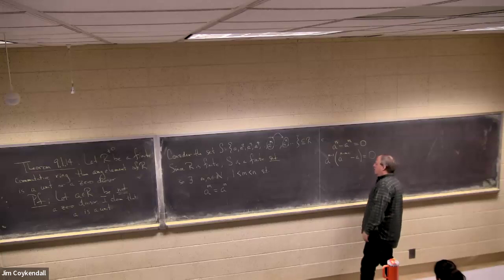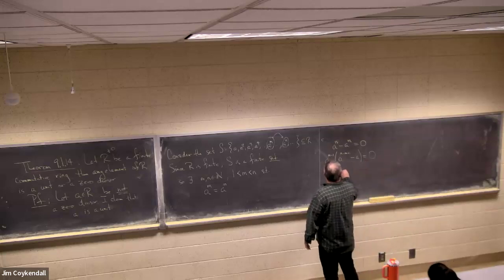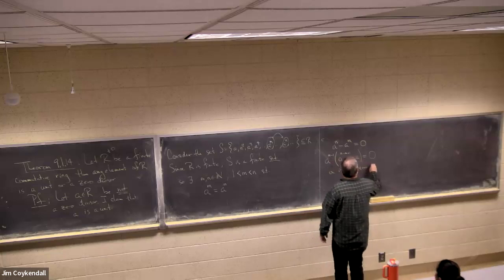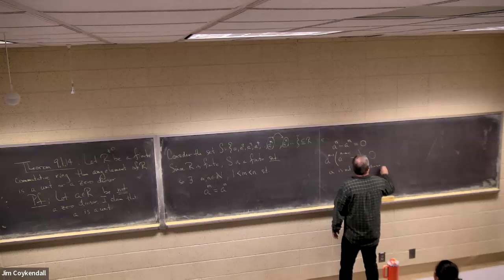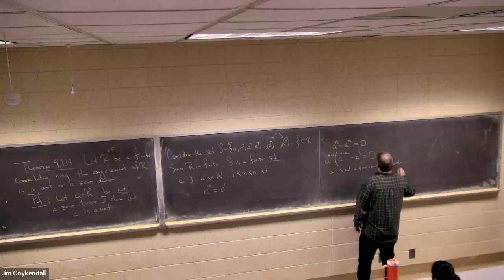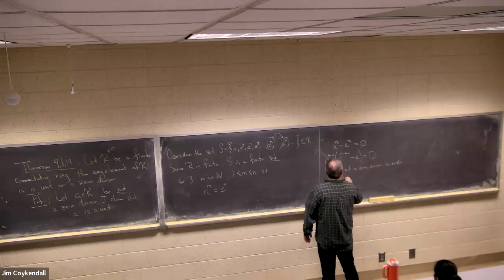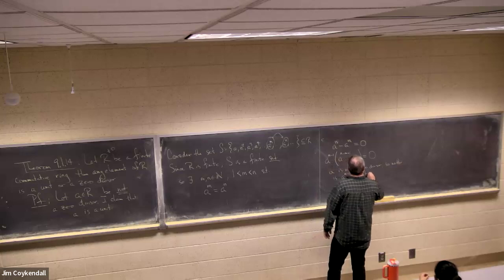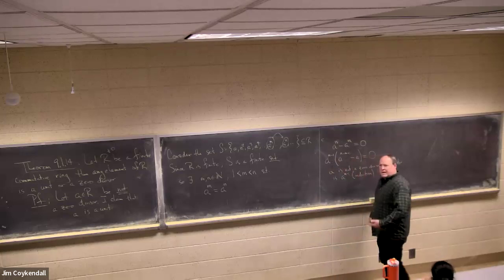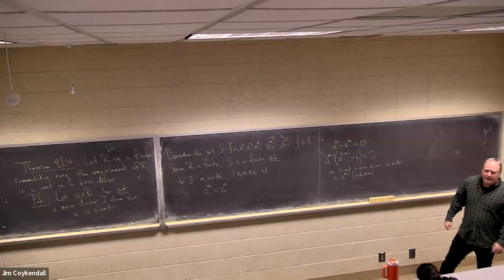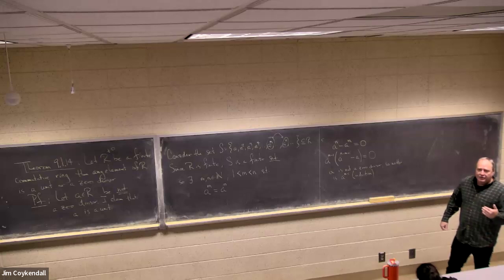What do we know? a is not a zero divisor. So neither is a to the n minus 1. See if you can show this by induction. It's not very difficult to show by induction that if a is not a zero divisor, then no power of it is.